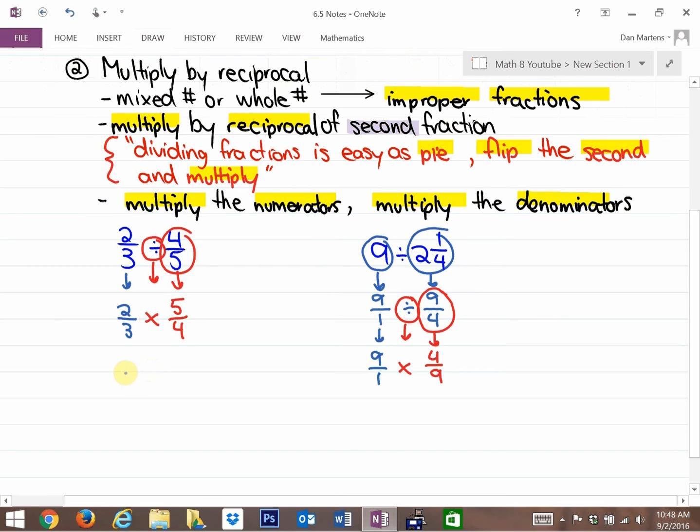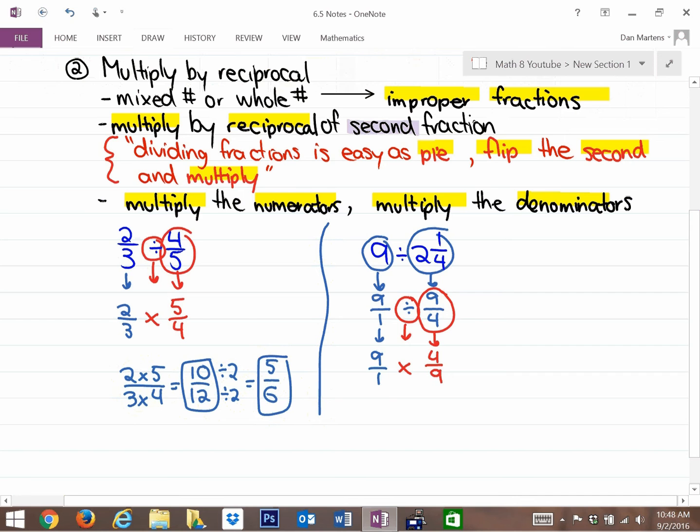So multiply the numerators, 2 times 5, multiply the denominators, 3 times 4, and that's 10 over 12. And if you reduce it, because 2 goes into each of those, your best answer is 5/6. In this other example, multiply the numerators, 9 times 4, multiply the denominators, 1 times 9, and we get 36 over 9. 9 goes into each of those, which then is 4 over 1.